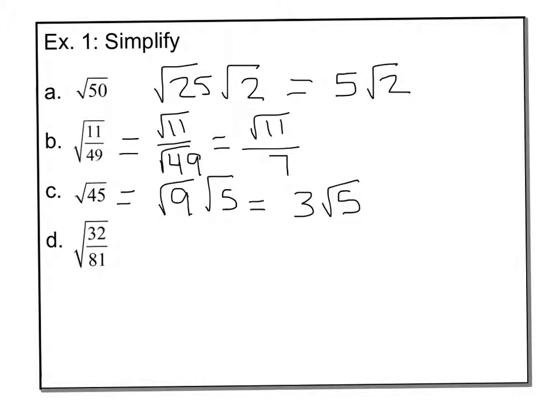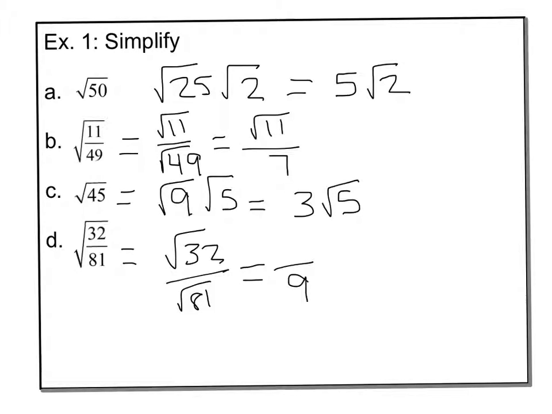We're going to do the same thing with D. We're going to split it up into two square roots, the square root of 32 over the square root of 81. So let's think about this. We're going to start with the denominator. What's the square root of 81? If you said 9, you're correct. In the numerator, the square root of 32 is not a perfect square, but we can reduce it.